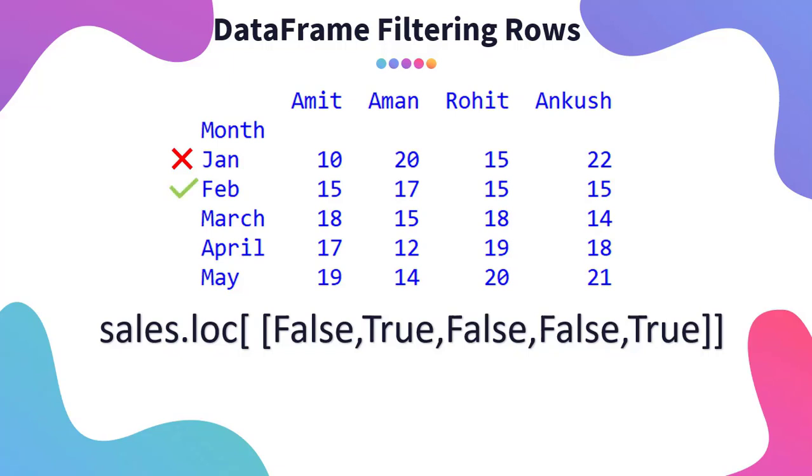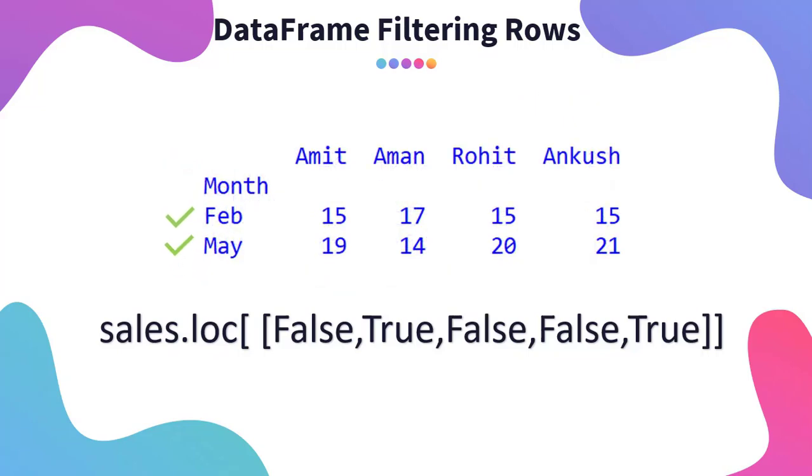Then we have true, that means I require Feb. Then again false means I don't require March. Again there is false, that means I don't require April. And then there is true, that means I require May. So when I run this code, I will get this result. So wherever the false is there, that value will be removed from the DataFrame.